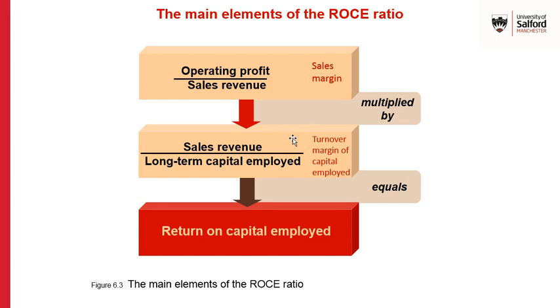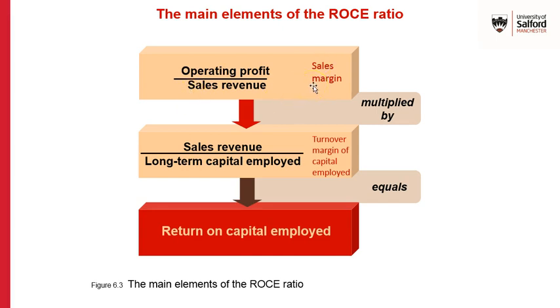as an over time comparison, an intertemporal comparison, or sometimes called a dynamic analysis, you can see if it's increasing or decreasing and ask questions as to what's going on. And the sales margin is reasonably clear.